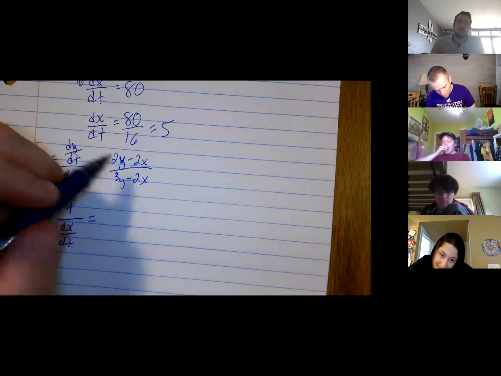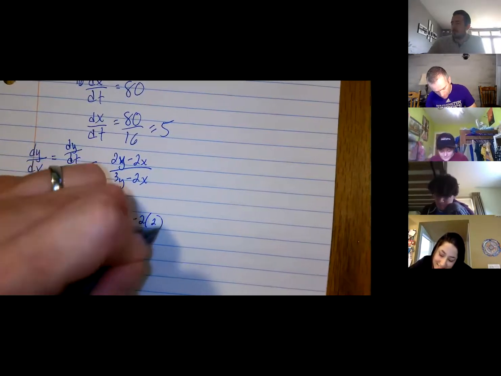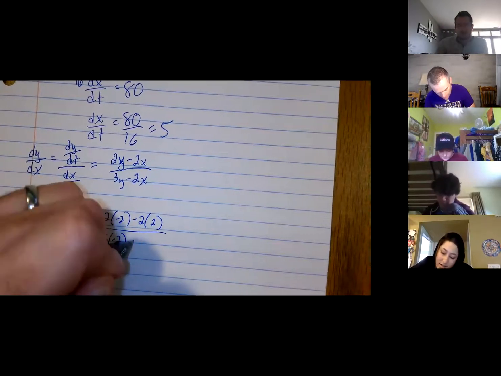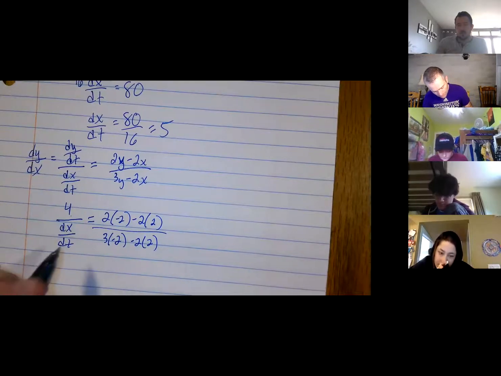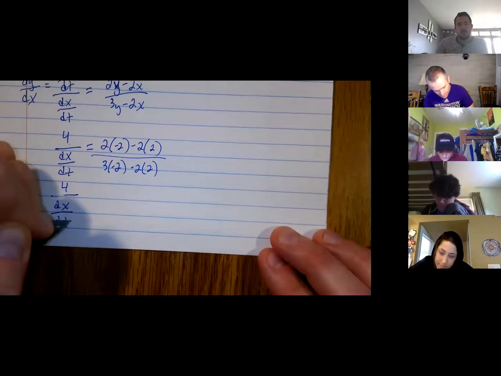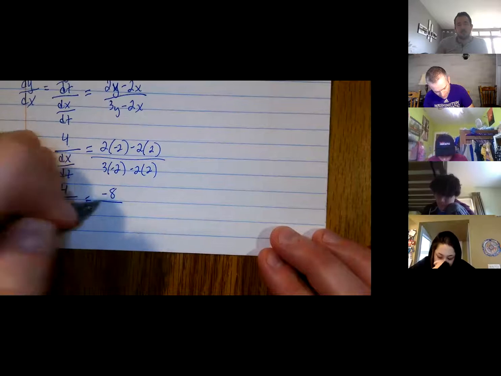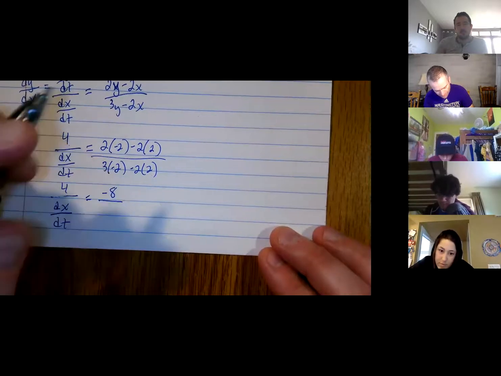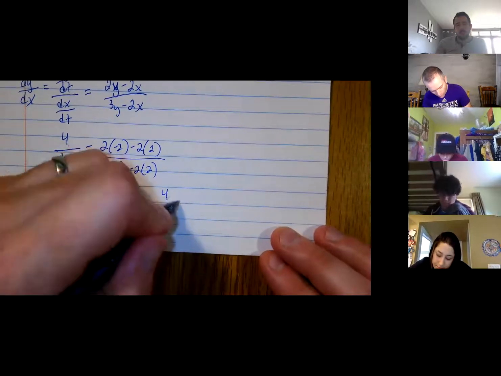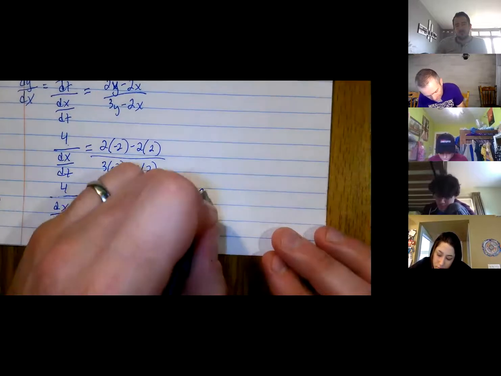And then I have 2y, so 2 times negative 2 minus 2 times 2 divided by 3 times negative 2 minus 2 times 2. And so I get that 4 over dx dt is equal to negative 4 minus 4, so negative 8 over negative 6 minus 4 is negative 10, so 8/10. So I get that 4 over dx dt is 8/10.